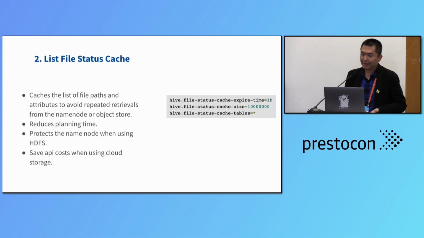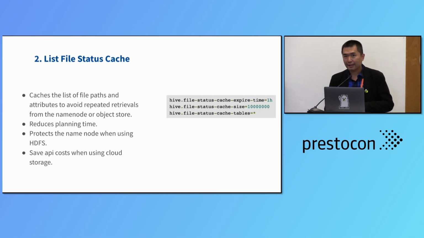And on the other side, if you're using HDFS, for each partition you will list all the files in this partition. In this case, you might overload your HDFS name node. I was working with the HDFS team for a long time.